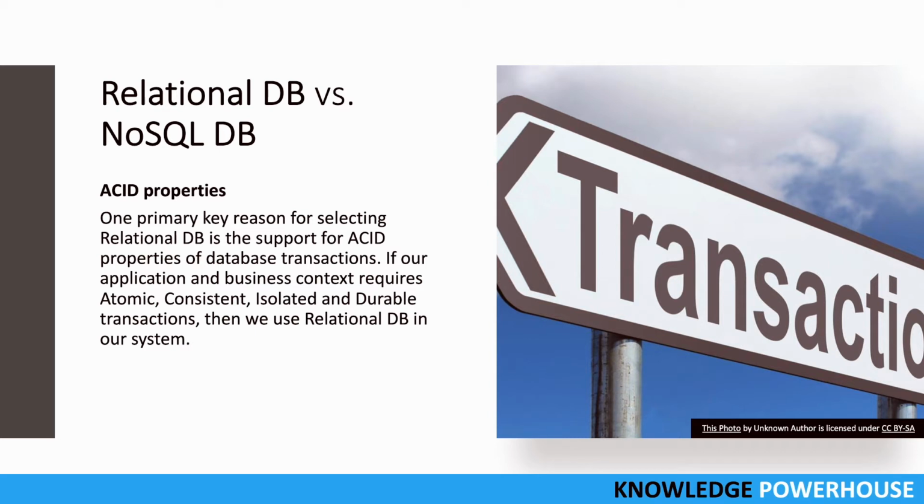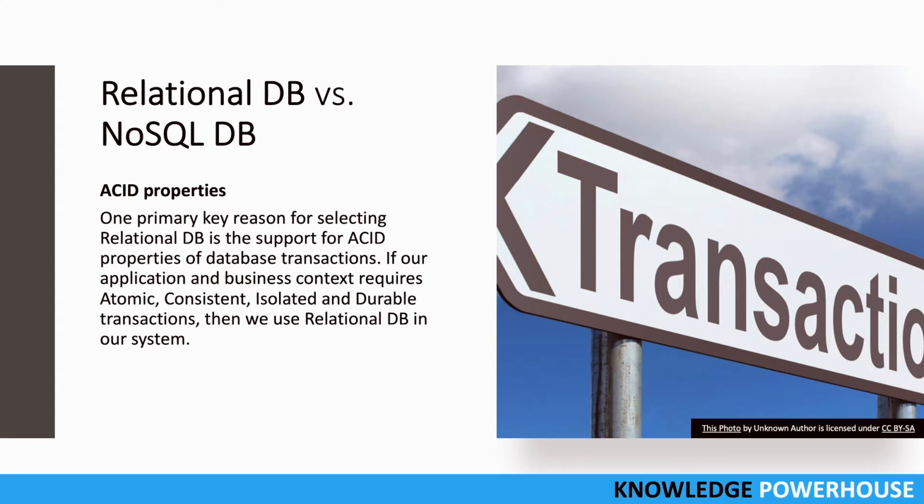Another criteria is ACID properties. These are the ACID properties of relational databases: atomicity, consistency, isolation, durability. Which means if you want to keep your transactions consistent, maintaining all the rules of your database, isolated and durable, then you use a relational DB.